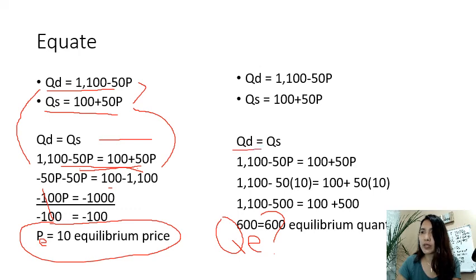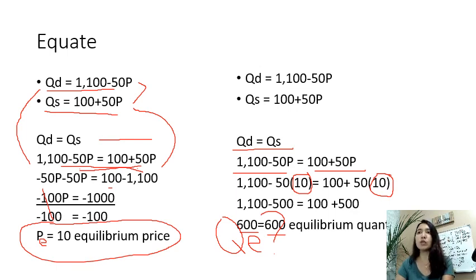Okay, so this is now the equilibrium quantity. QD is equal to QS still, and then we equate the demand function equation and the supply function equation. By this time, we substitute P with 10 on both sides. So 1100 minus 500 is equal to 100 plus 500. You get 600, 600. That's your equilibrium quantity.